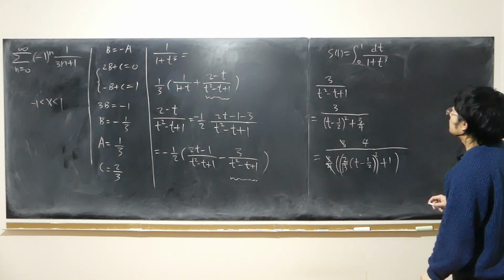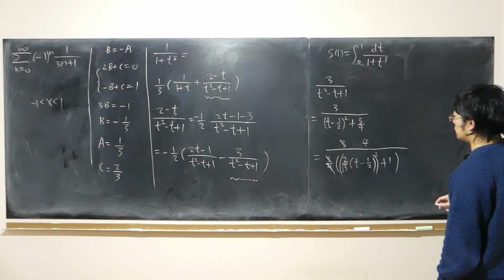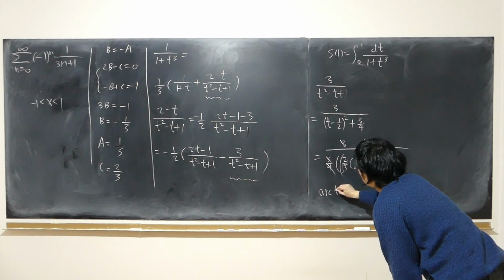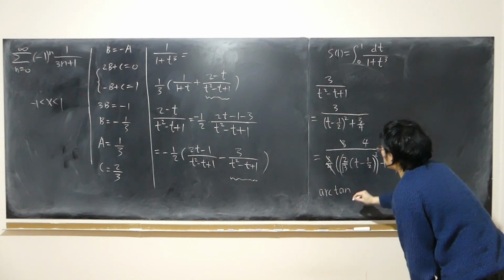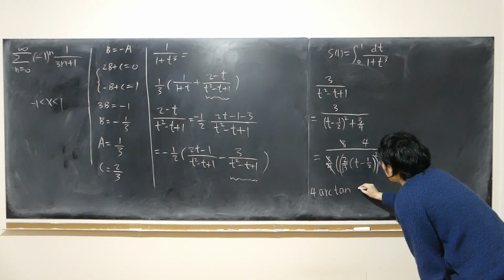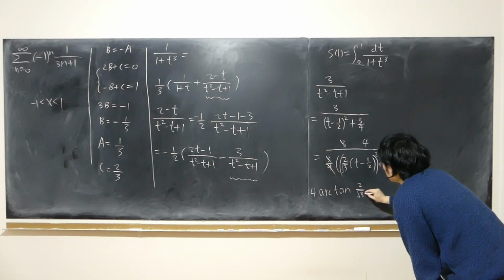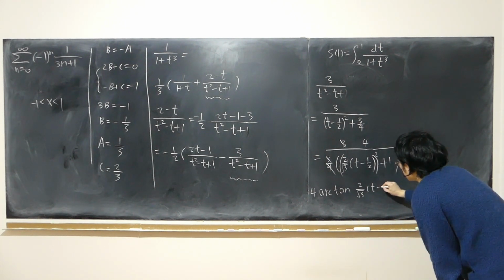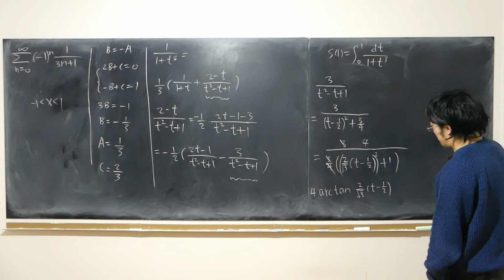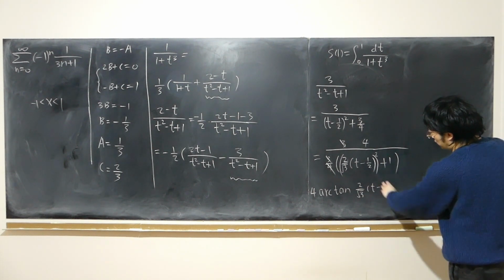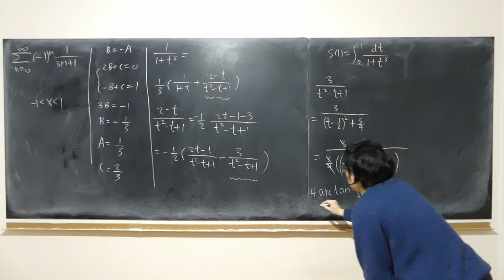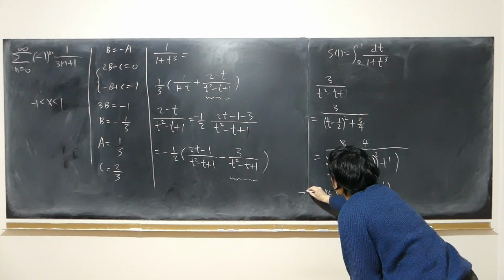So I'm going to use the arctangent of, of course I multiply by 4 in front, arctangent of the whole thing, 2 over square root of 3 times t minus half. And use the chain rule. Right? Because we're going to have a 2 over square root of 3 coming out. So multiply by its reciprocal, so multiply by square root of 3 over 2.